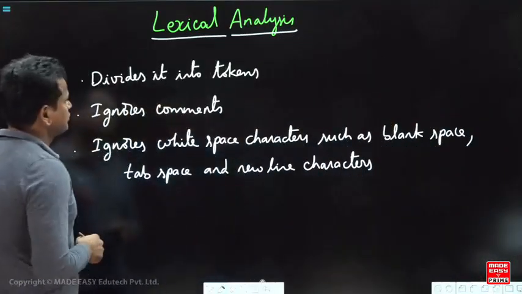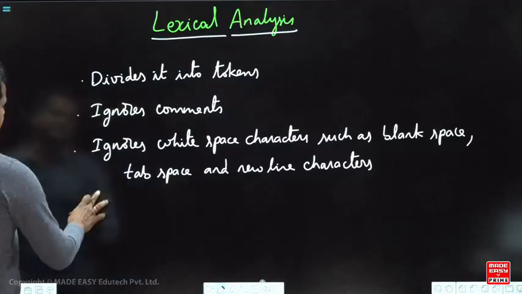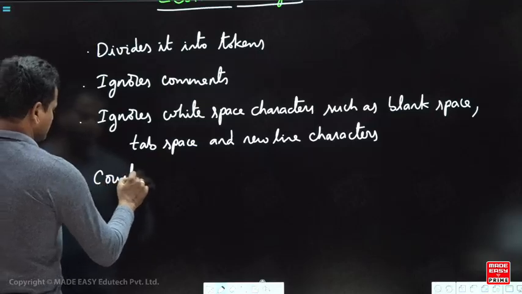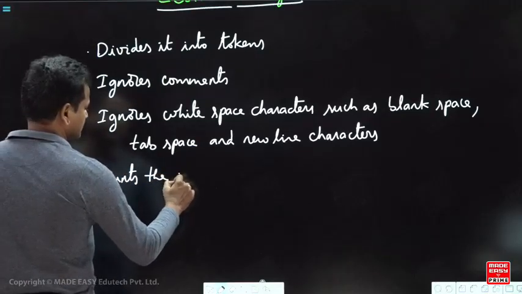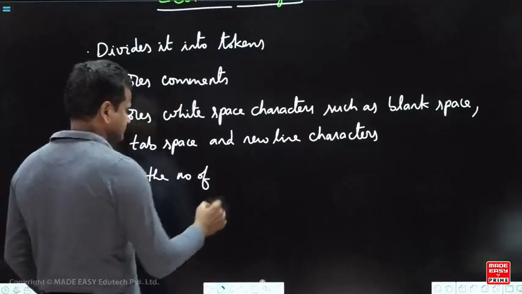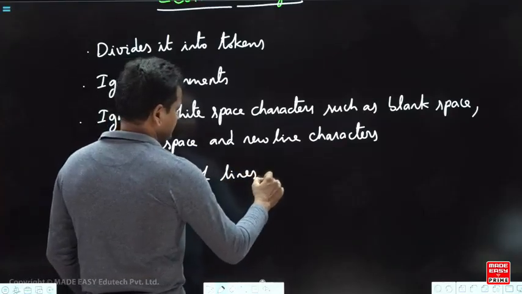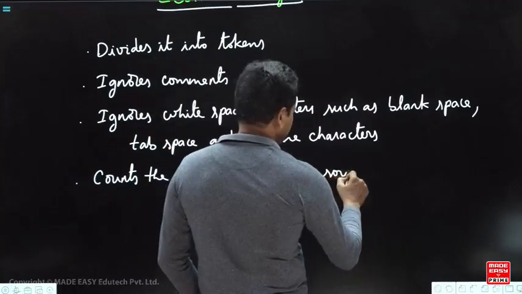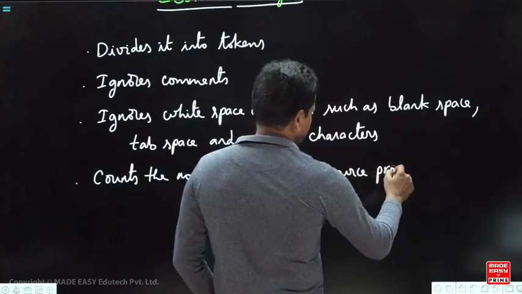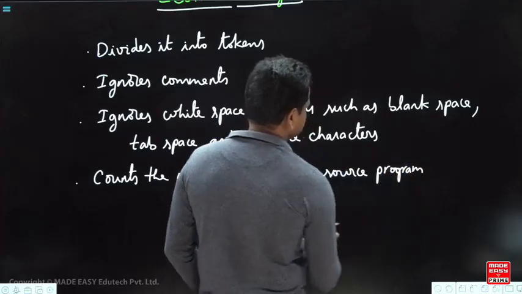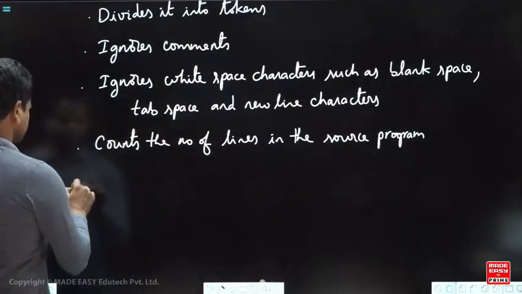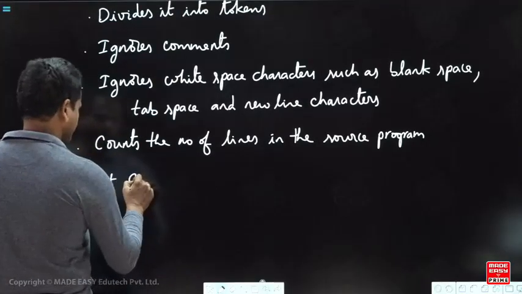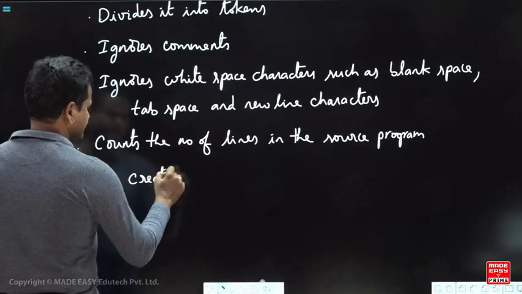Okay, so divides it into tokens, ignores comments, ignores white spaces, then it counts the number of lines in the source program. It creates a symbol table.